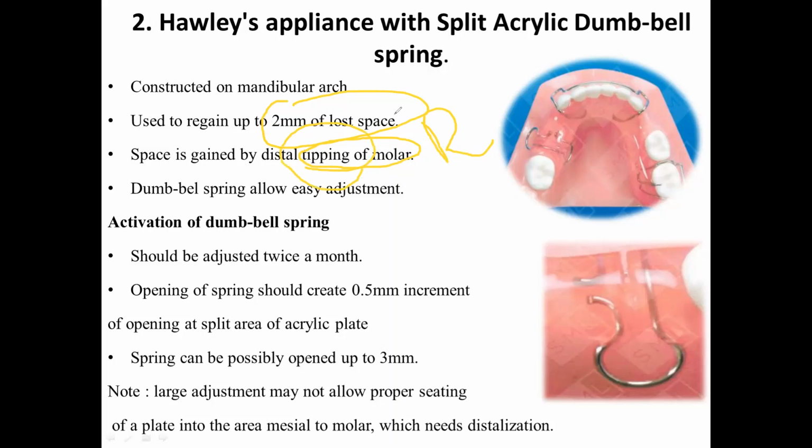We don't get bodily movement with the removable appliances. There is a difference between tipping and bodily movement. With the fixed appliances, we get bodily movement, meaning the whole body of the tooth can be distalized. A whole length of the tooth when distalized is called bodily movement.